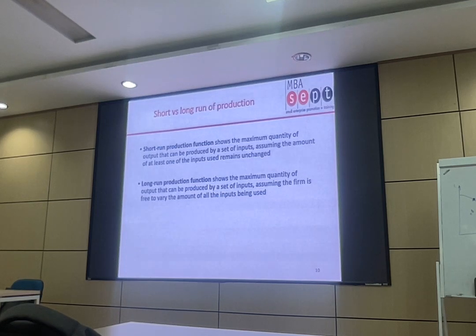And last time I said that for the short run, the firm's decision is to continue with the business or to shut down. But for the long run, what type of decisions may the firms make? Not about continuing to do business or shutting down, but what kinds of decisions?